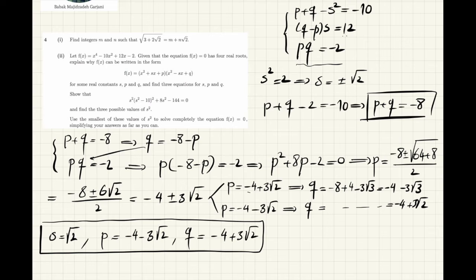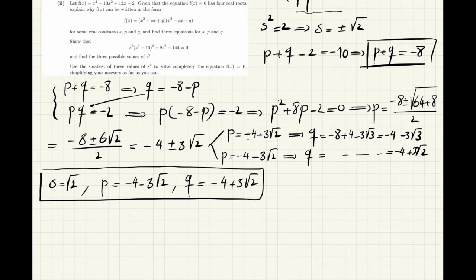So my goal is to solve f of x equal to 0. Now we realize that s is this, p is this, and q is this. I put them here in this equation and then put it equal to 0, and then I have two quadratic equations that I can easily solve. Okay, so let me do that.